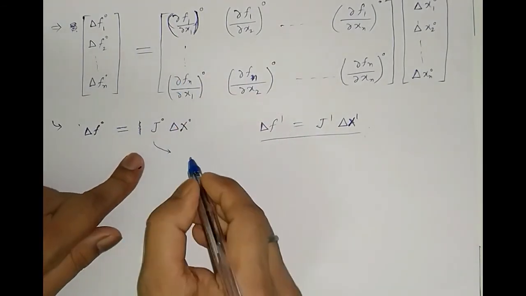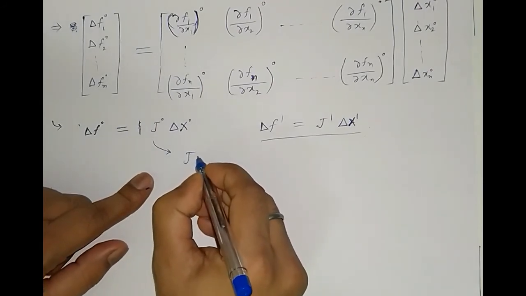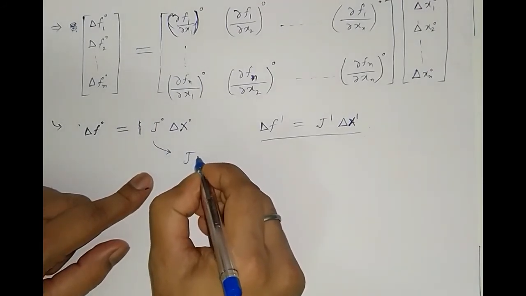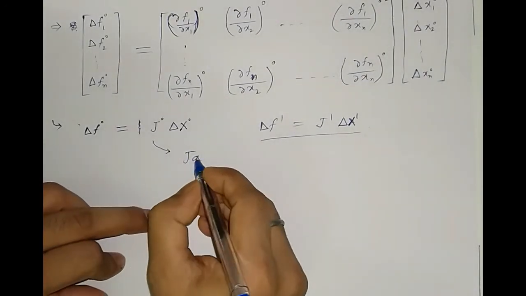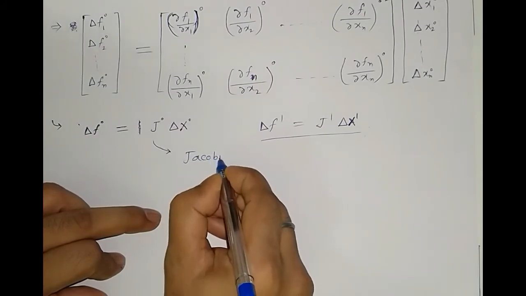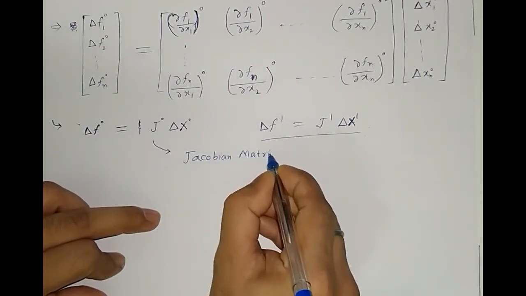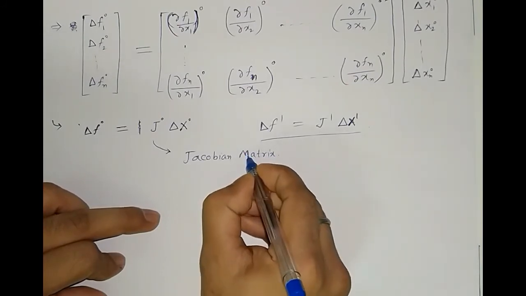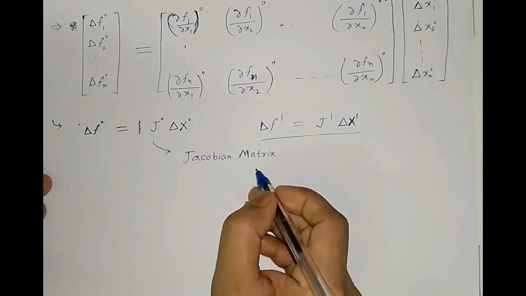That's why this is named J. This is the Jacobian matrix, or simply the Jacobian.